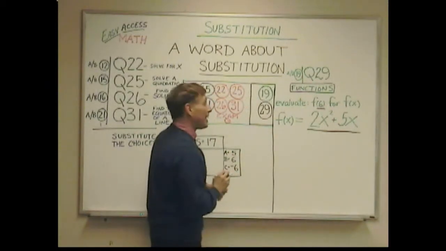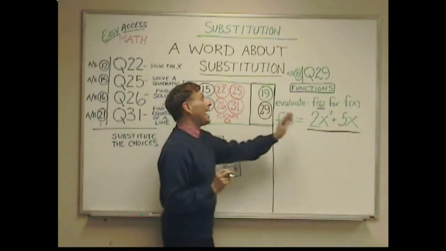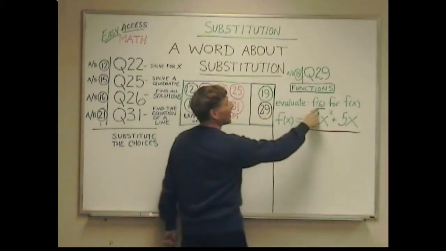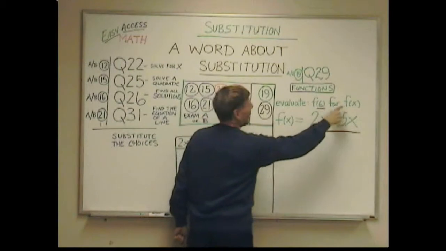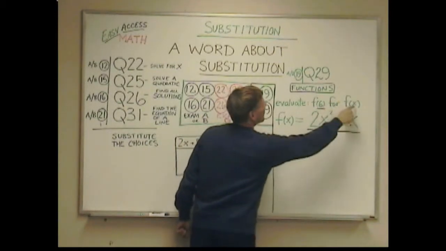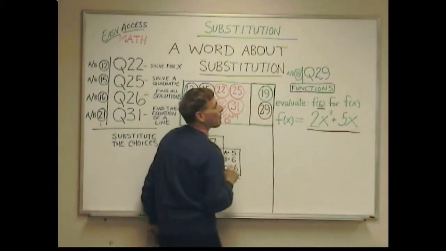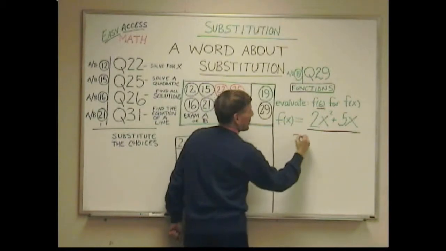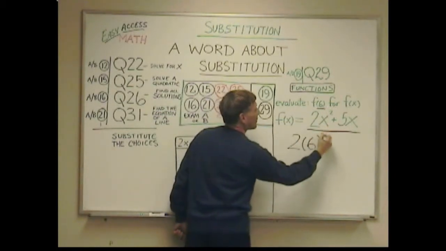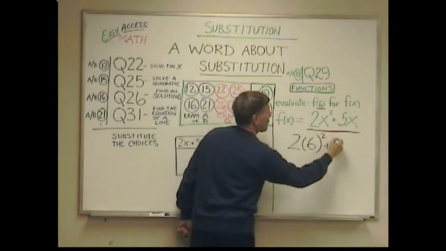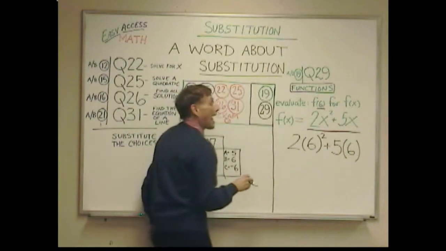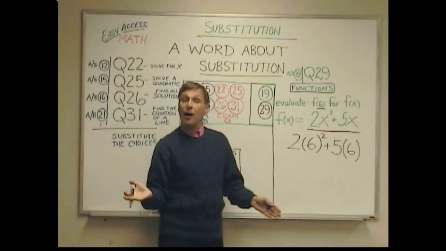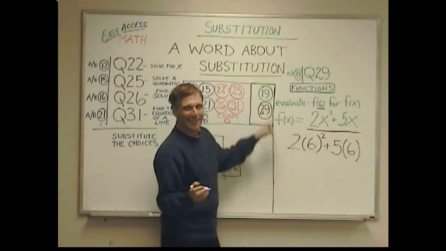So anywhere in the equation I see an x, I'm going to substitute the 6, because it says evaluate f(6) for f(x). Anywhere I see the x, I plug in the 6. So I have 2 times 6 squared plus 5 times 6. And now I just work this out.